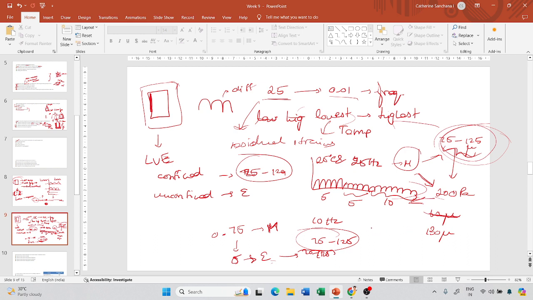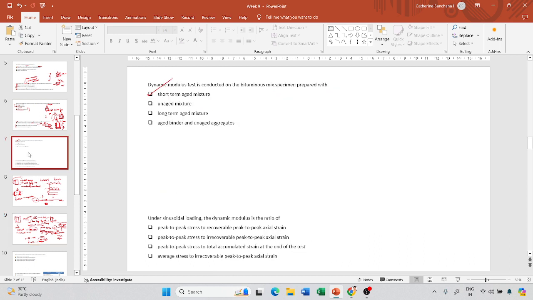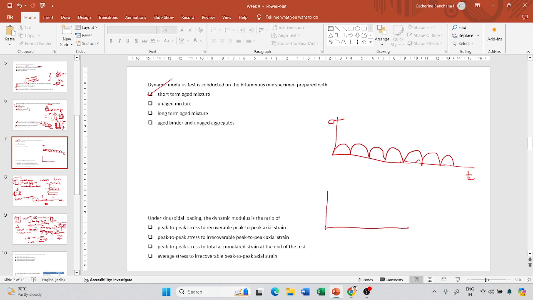This is how you will apply loading to the bituminous mixture to find out the dynamic modulus. So now these are my 10 cycles of loading, and this is how my material will respond.